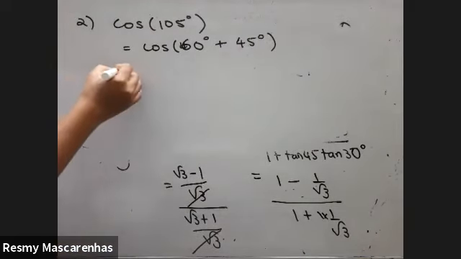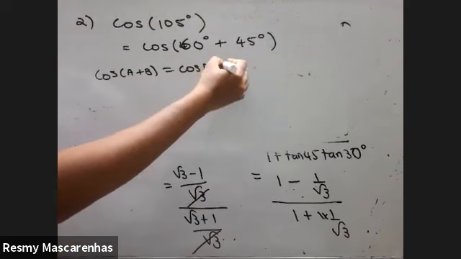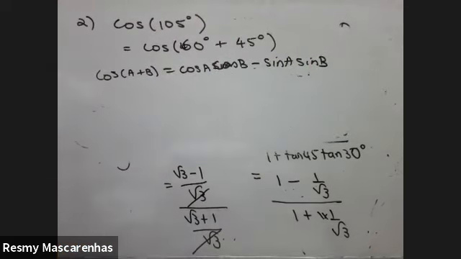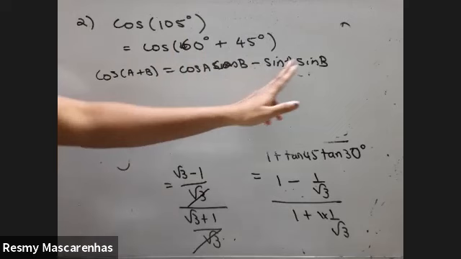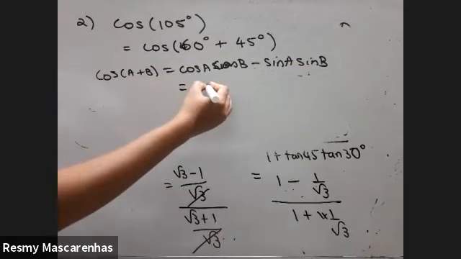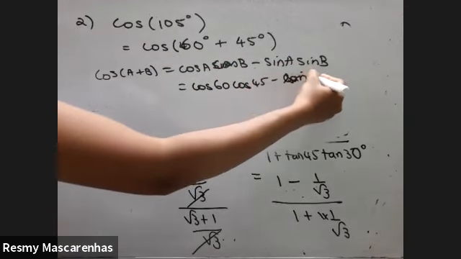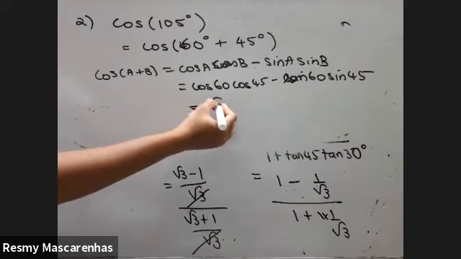So cos of A plus B is cos A cos B minus sin A sin B. That cos and boss method which I told you to remember. When a cos means it's the boss, you have to understand. The boss means he will do it together, he'll throw the sun out. And he always does it ulta. This is plus, this will be minus. Okay, cos 60 will be half.